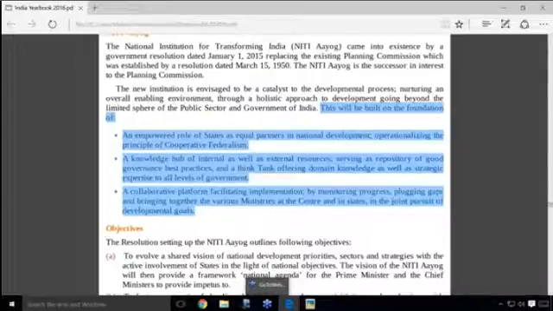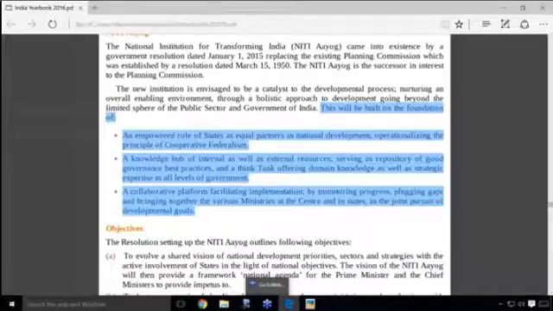Earlier, what used to happen in the Planning Commission? The Planning Commission used to take all the decisions about how we should go about it, which is actually under the control of the central government. Then it used to be given to the NDC. NDC used to tell whether it is right or not. Usually what happens, the majority of the states agree to it.